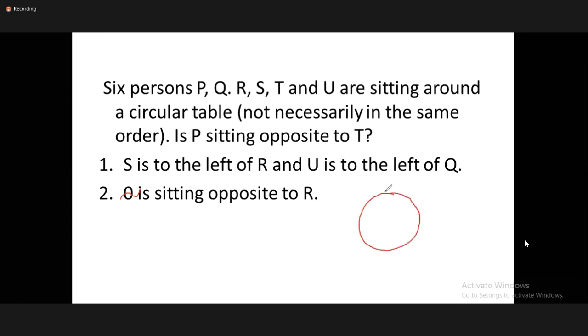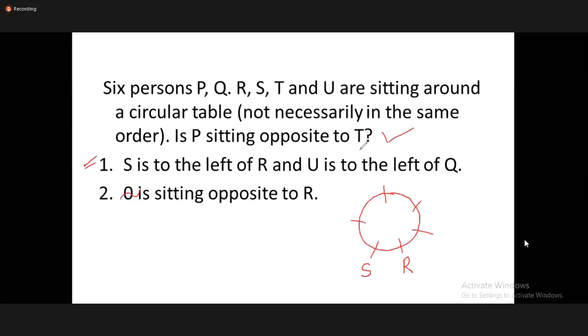There are 6 persons. Is P sitting opposite to T is the question. Guys, look here. From one alone, I am looking only at one alone. S is to the left of R, so let me place R here, and S is to the left of R, so I place S here.